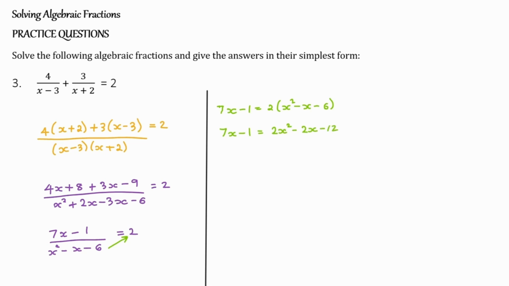Now this is a quadratic equation, and in order to solve it, we first have to make sure that it is equal to 0. So we are going to minus 7x on both sides. And this will give us 2x squared, and minus 2x minus 7x would be minus 9x. And we also have the minus 1 on the left-hand side, so we are going to add 1 on both sides. So we have minus 12 plus 1, which would be minus 11. And now this is all equal to 0.